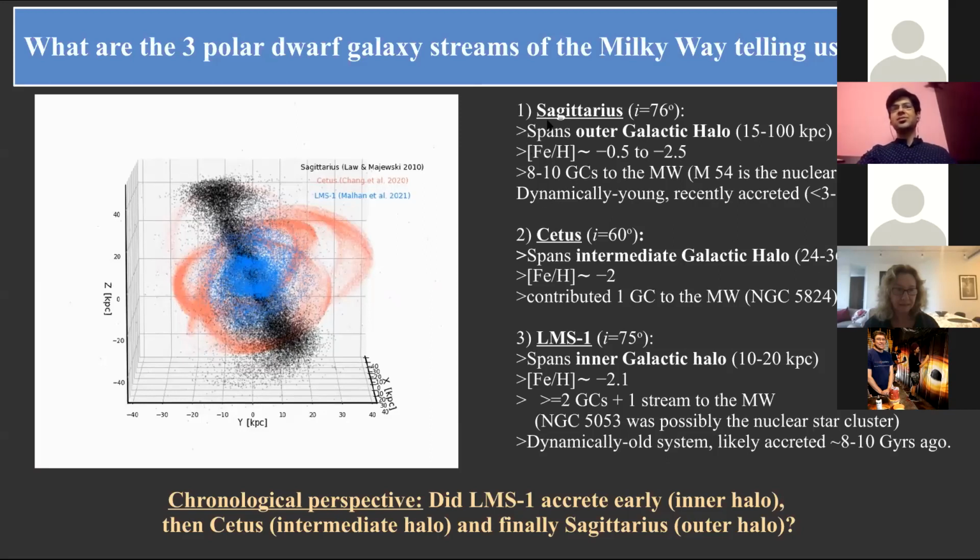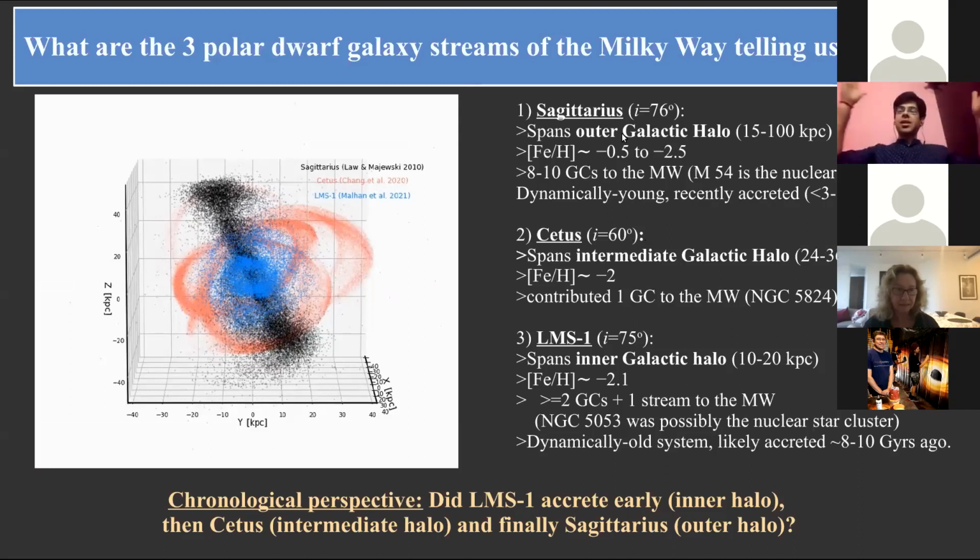Sagittarius is a polar dwarf galaxy stream. First of all, these three are polar dwarf galaxy streams. By polar, I mean that their orbits are inclined almost perpendicular to the disk of the galaxy. So an inclination of 90 degrees would be perfectly perpendicular to the galactic disk, but Sagittarius has an inclination of 76 degrees, Cetus 60 degrees and LMS1 75 degrees.